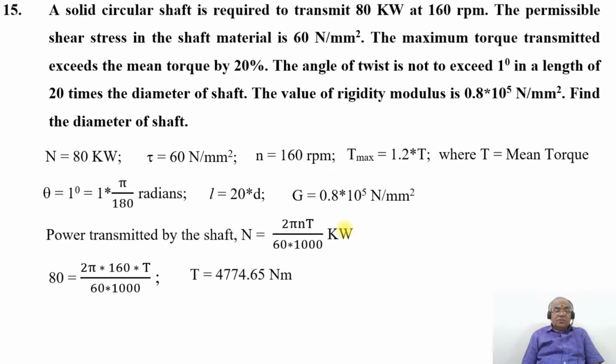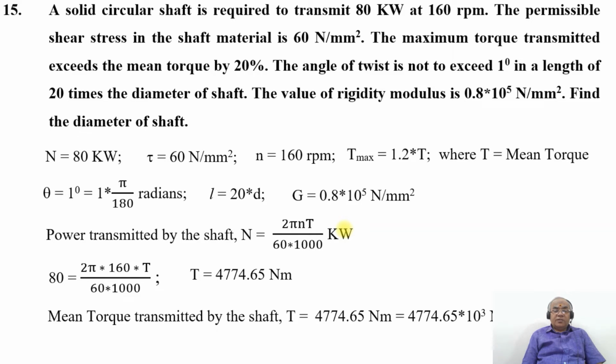So on cross multiplication and simplification, T mean will be equal to 4774.65 Newton meter. Therefore, the mean torque transmitted by the shaft, T mean, will be equal to 4774.65 Newton meter, which is 4774.65 into 10 to the power of 3 Newton mm.